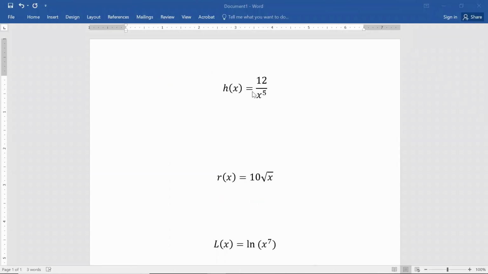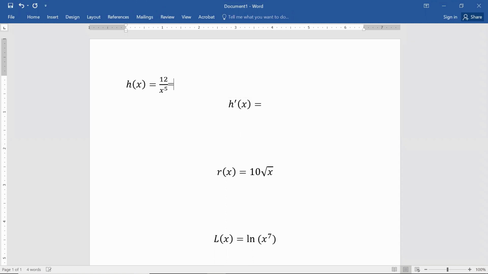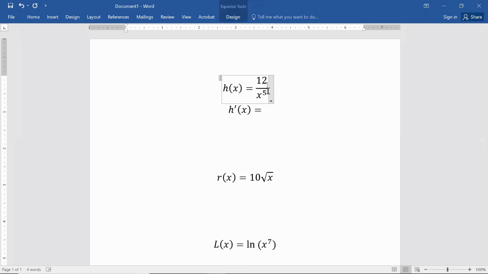Let's take h of x is equal to 12 over x to the 5th. That does not look like something that I can take the derivative of yet. However, if I remember my exponent rules, dividing by x to the 5th is the same as multiplying times x to the negative 5th.